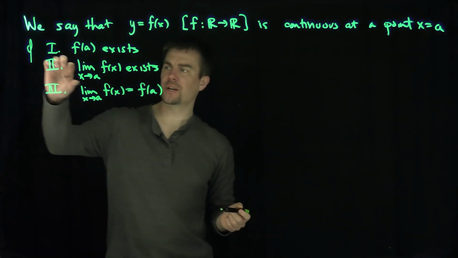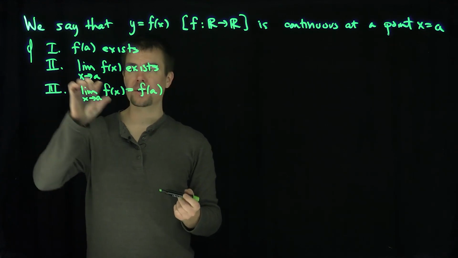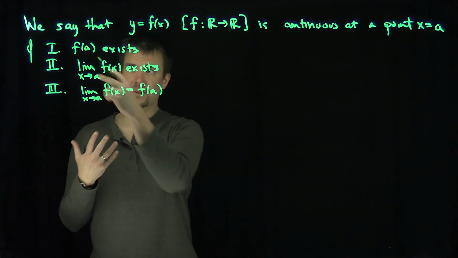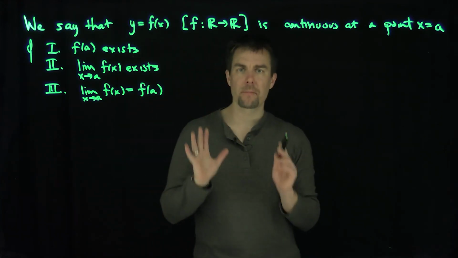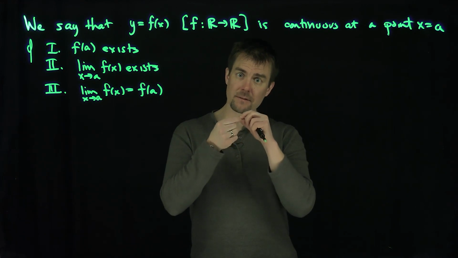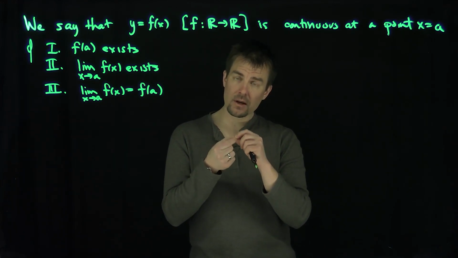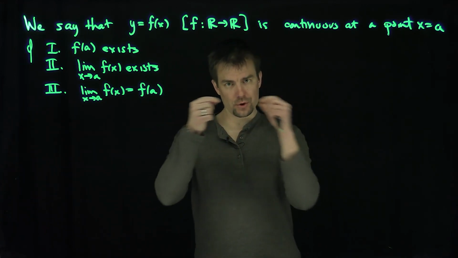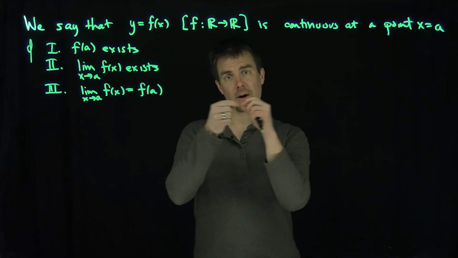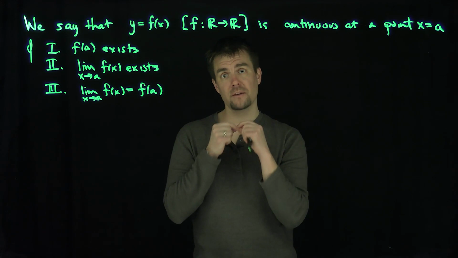Now, oftentimes you'll see conditions 2 and 3 combined because condition 3 automatically implies that the limit has to exist, since f of a exists. But let's be a little bit pedantic about it and just say that the function has to be defined at the point a in question, and the limit as you approach the point a has to exist. And not only that, but that limit value has to coincide with the value of the function at that point.